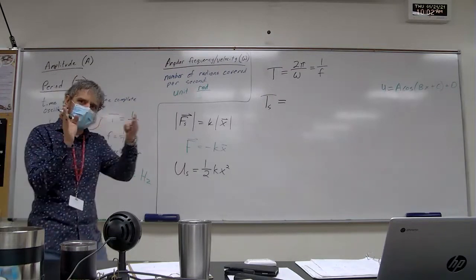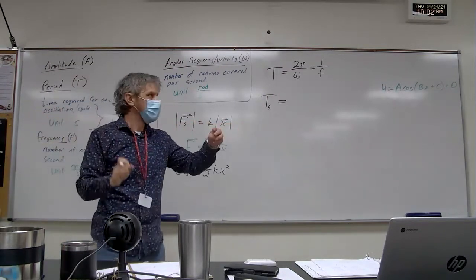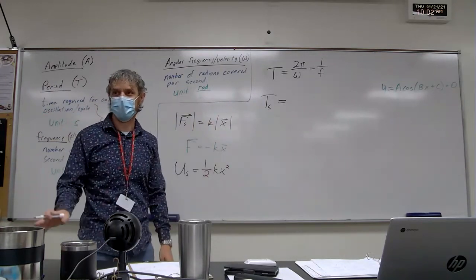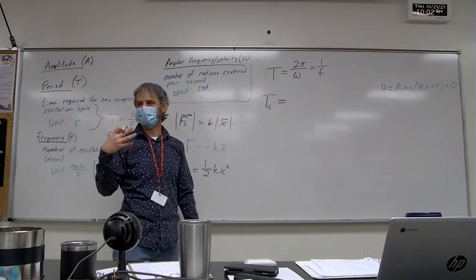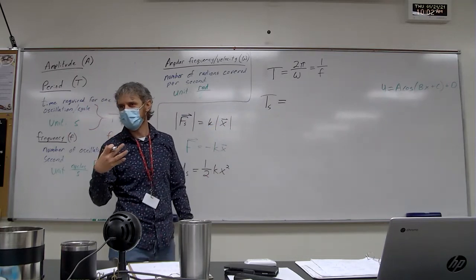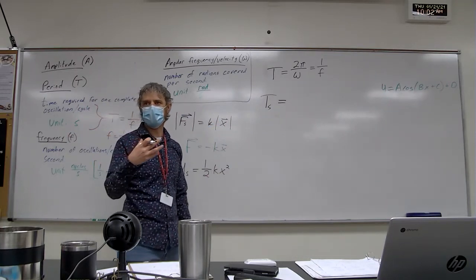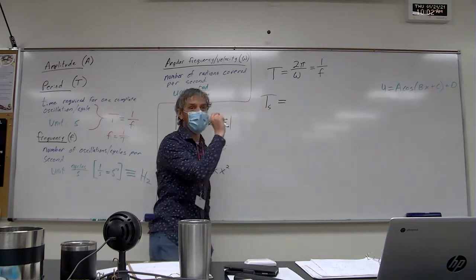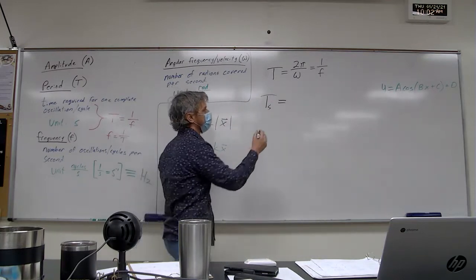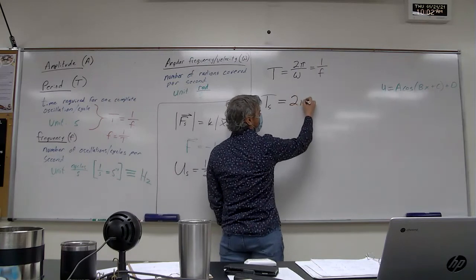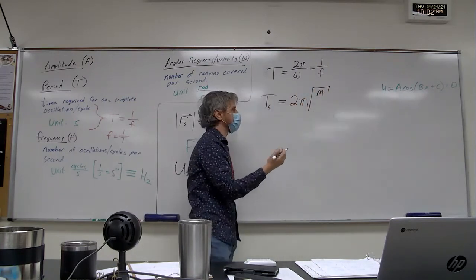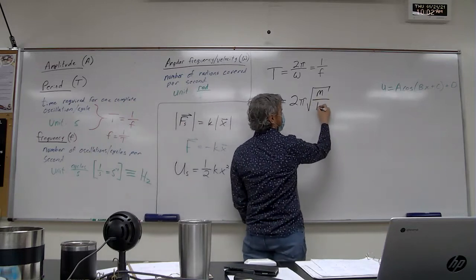Even if you have something that's not actually moving in a circle, that pi there tells you there's a circle involved with it somewhere, whether it's obvious or not. And so the mass spring oscillator period is going to be 2 pi times the square root of the mass that's attached to the spring divided by the spring constant k.